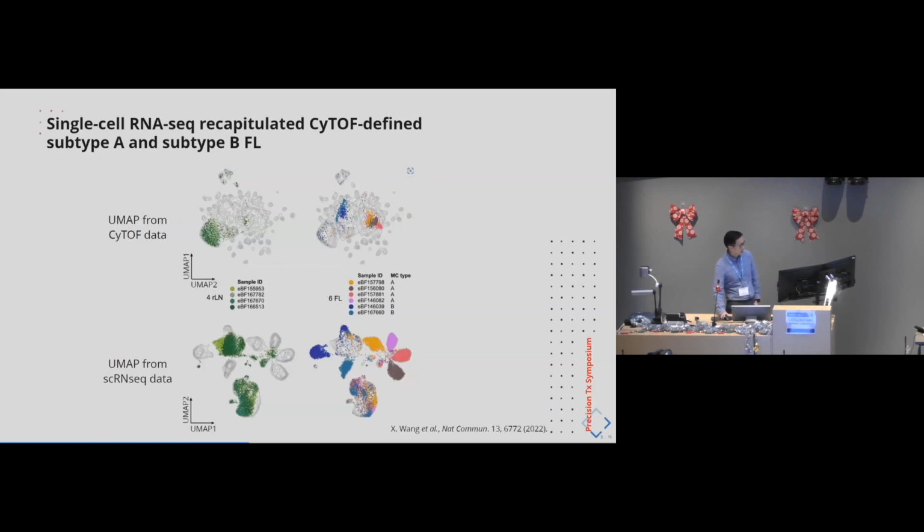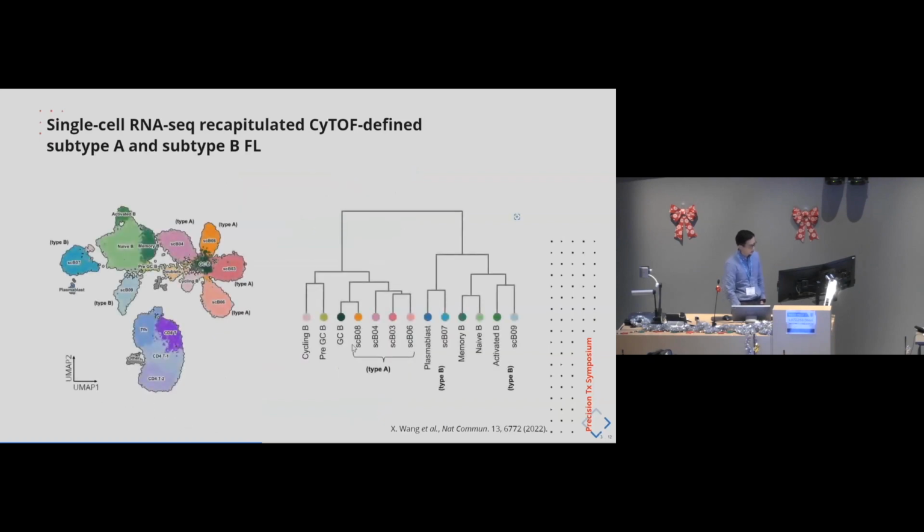Here we can already see this is germinal center B cells, and the 4 type A tumors actually surround this germinal center B, even connected with it, which indicates a close relationship to the germinal center B cells. On the other hand, the other 2 tumors are very close to the memory and naive B cells.